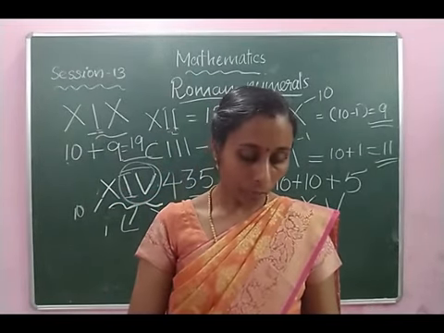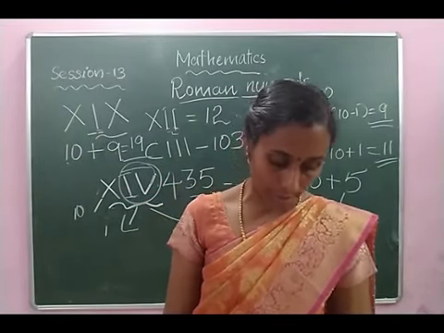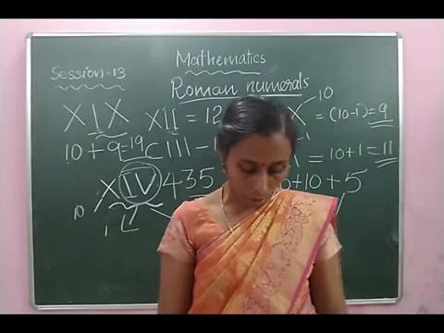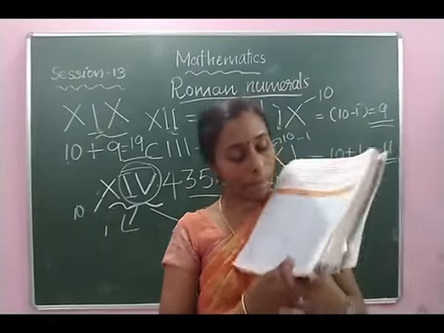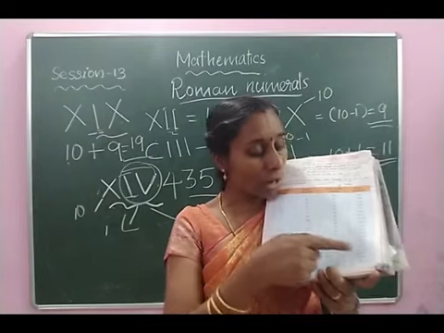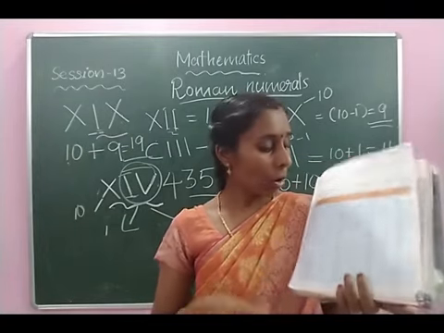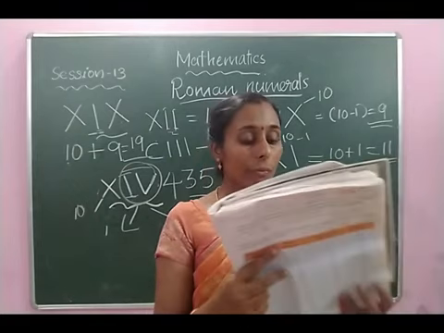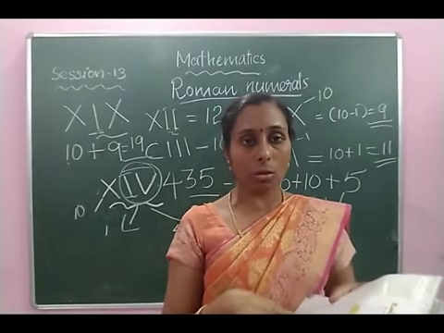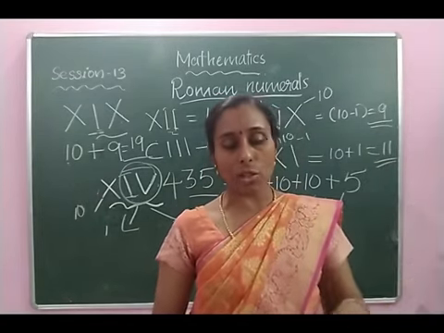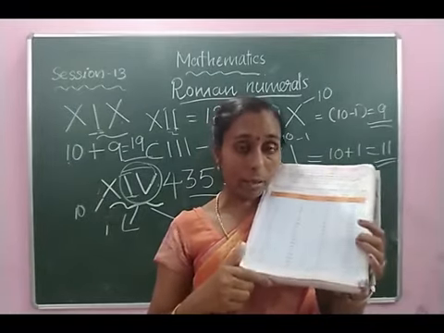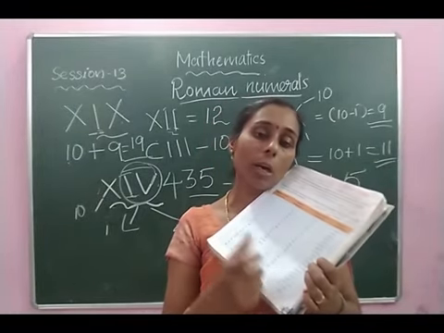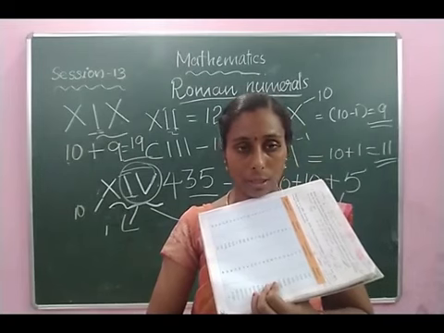Okay. These are the rules. Then in our book, Roman numerals 1 to 40 are given. Once you learn these rules and the numbers 1 to 10, you can easily make all other Roman numerals.